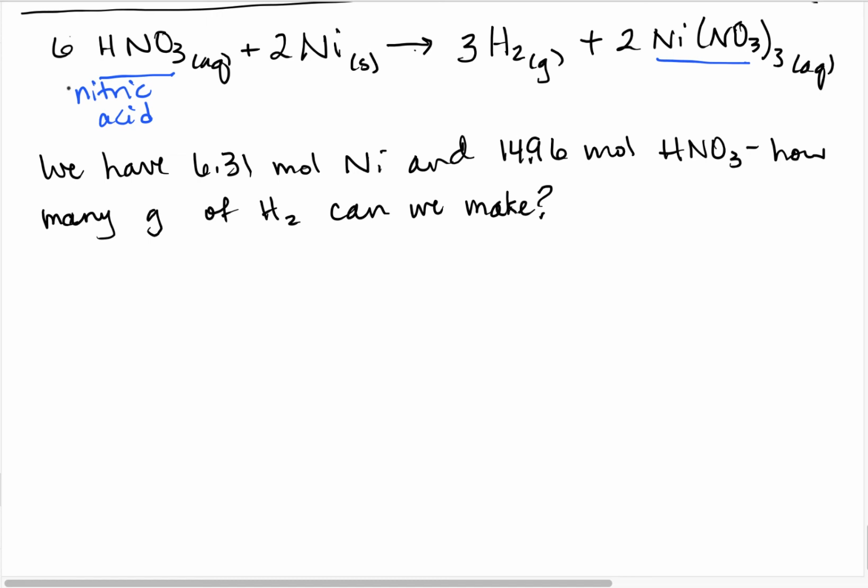All right, welcome back. When we do these problems, if we start with 6.31 moles of nickel, then I'm not going to write out the steps for you, although you're welcome to ask me about them in class. We will get 19.1 grams of hydrogen gas.